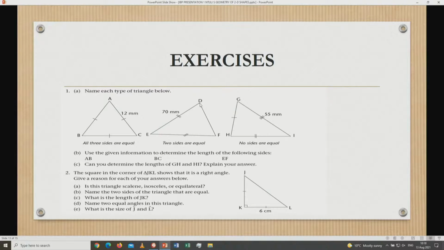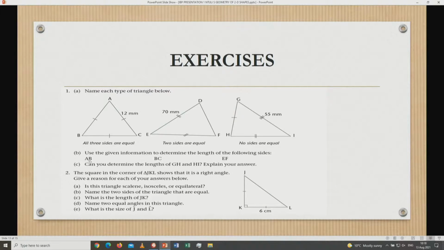FD is the side, or DF is also the side. Here, HG is the side, or GH is also one and the same side. HI is the side, or IH is also a side, which is the same. IG is the side, or GI also a side. Depends on which letter you start with. But normally we go this direction.